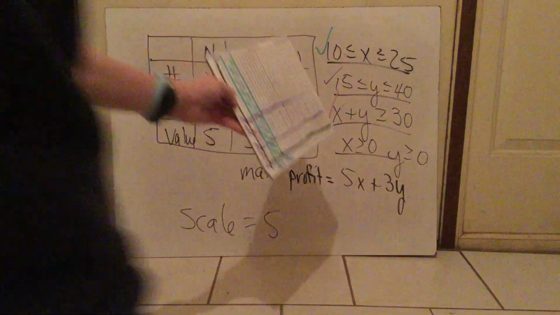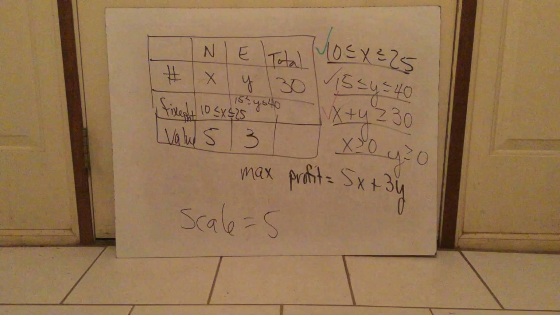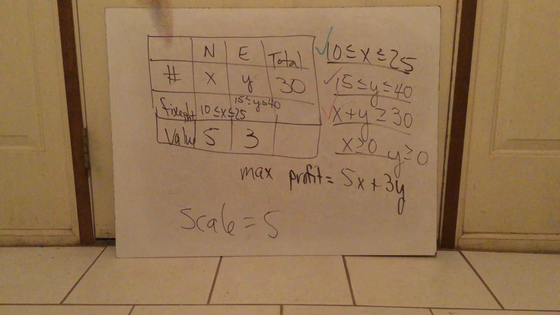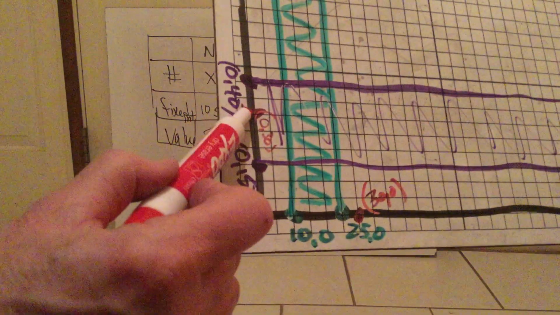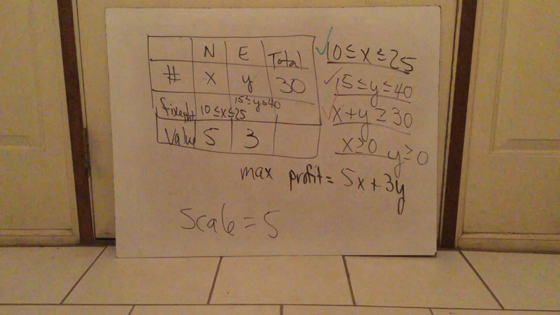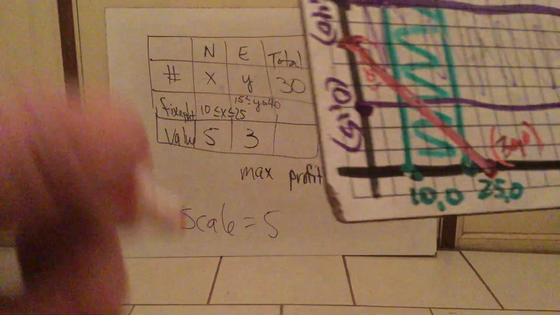Now I'm going to cover up y, and x will also be 30. So here's where y is 30. Here's where x is 30. And now I'm going to just go ahead and draw a nice straight line to connect those.